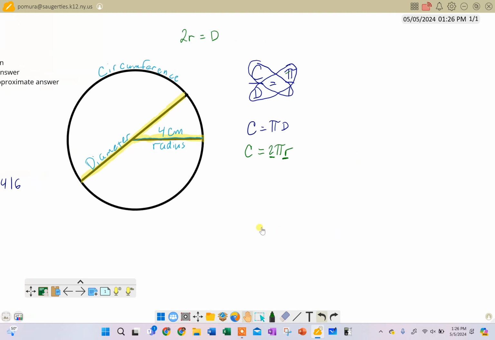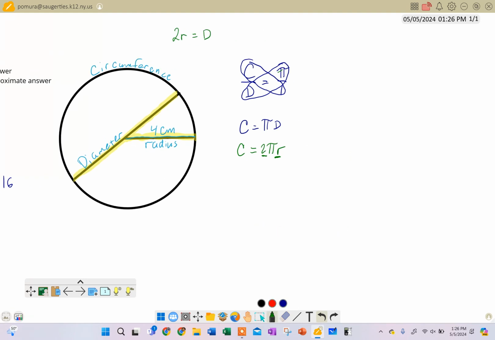And I have a little bit of problems using this whiteboard, and that's fine. So the area is equal to pi times the radius squared. Now, I'm going to give you a quick example. You'll take a look at this circle that we have here, all right? And our radius is 4 centimeters.